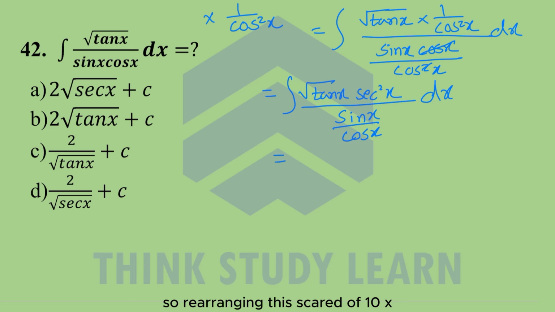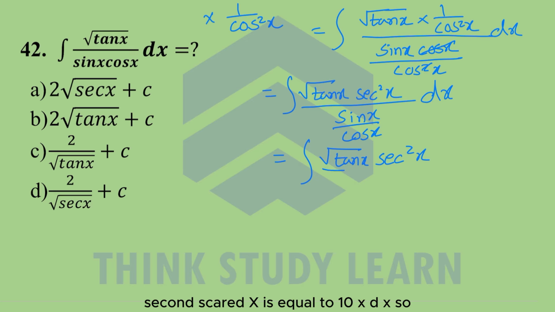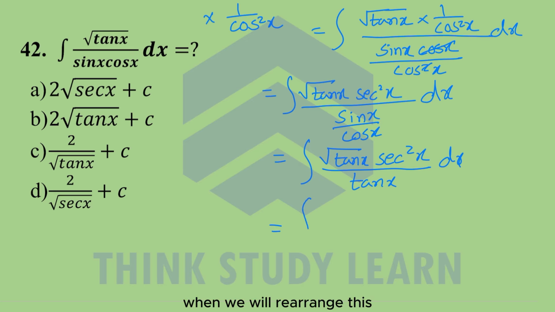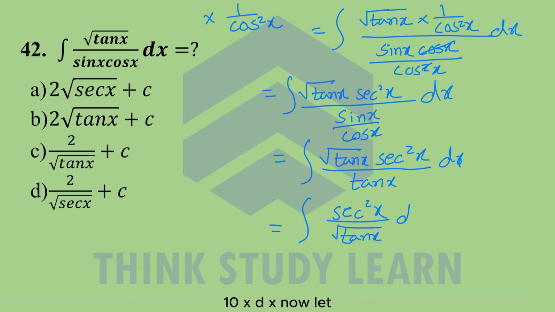So rearranging this, sin x over cos x is tan x dx. So square root tan x secant square x over tan x dx, which is secant square x over square root tan x dx.